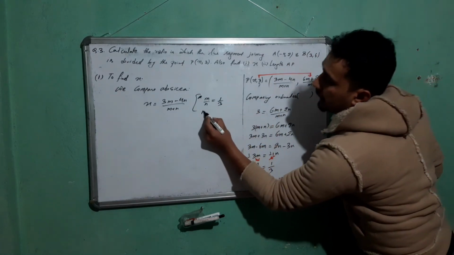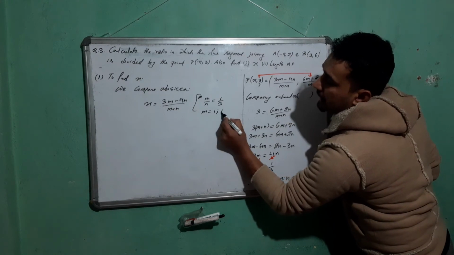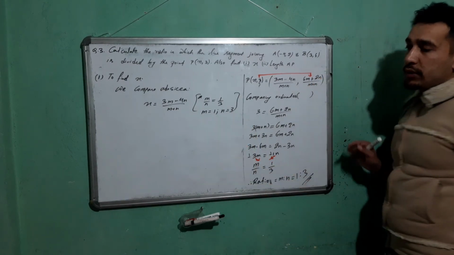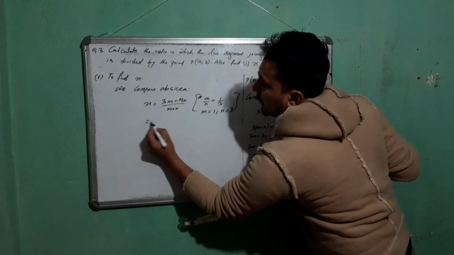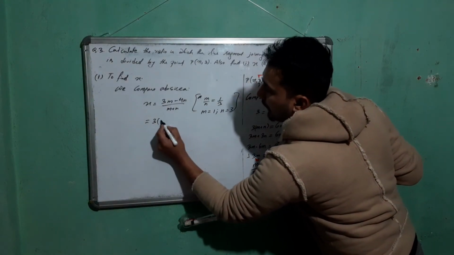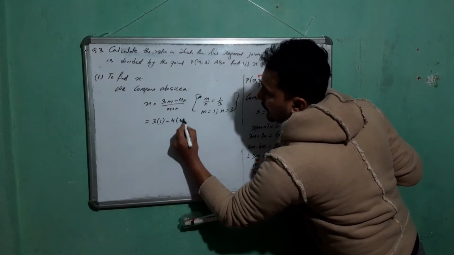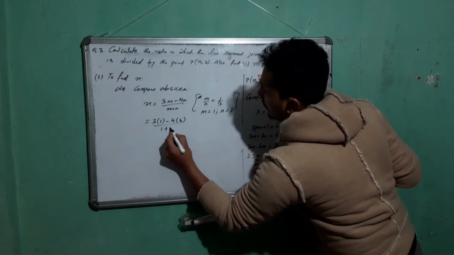From here, m you can take as 1 and n you can take as 3 in simplest form. So put this value: 3 into 1 minus 4 into 3, divided by 1 plus 3.